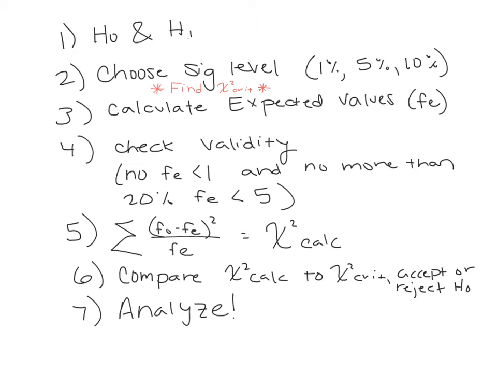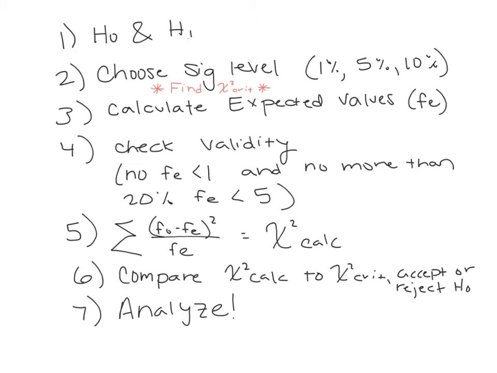But let's say I'm just trying to find out, out of curiosity, is your sex, male or female, associated with your performance in math class, and you're just wondering, then 10% or 5% would be perfectly acceptable. So you're going to choose your significance level first before you do anything else.